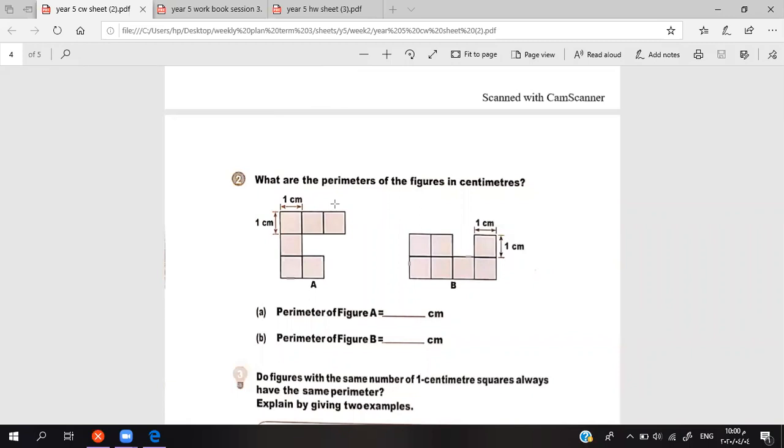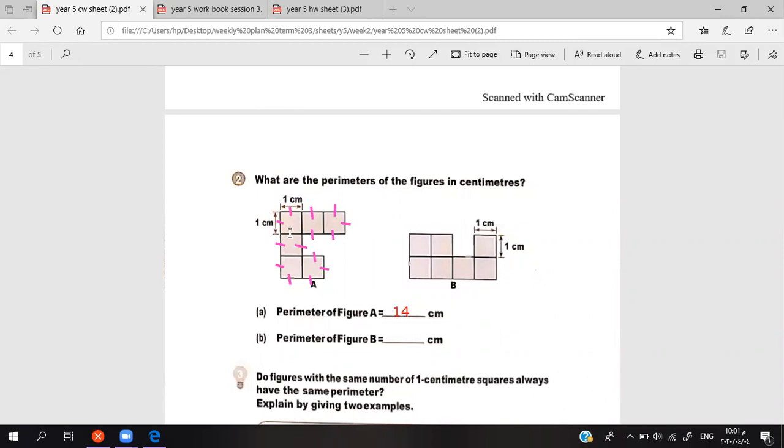I count each side like that: 1, 2, 3, 4, 5, 6, 7, 8, 9, 10, 11, 12, 13, 14. So the perimeter of this shape is 14. And remember, please, perimeter means the outside only.